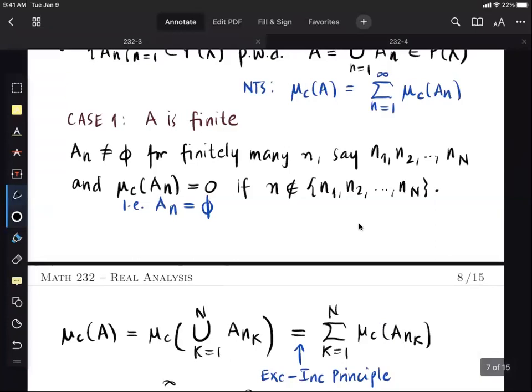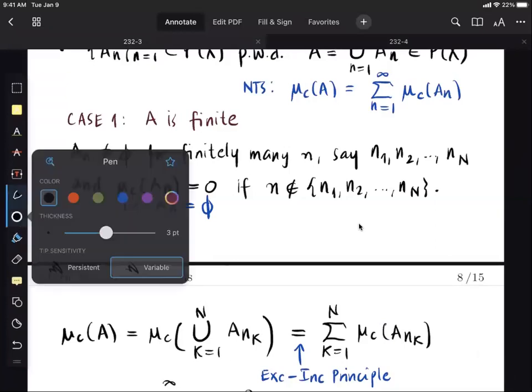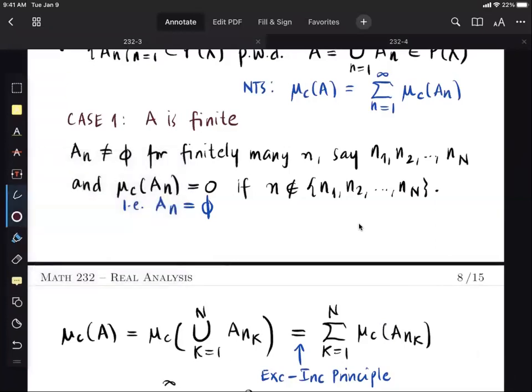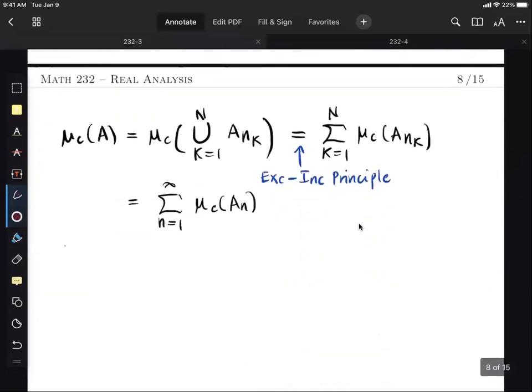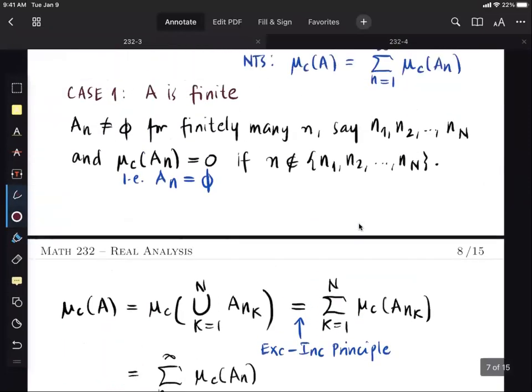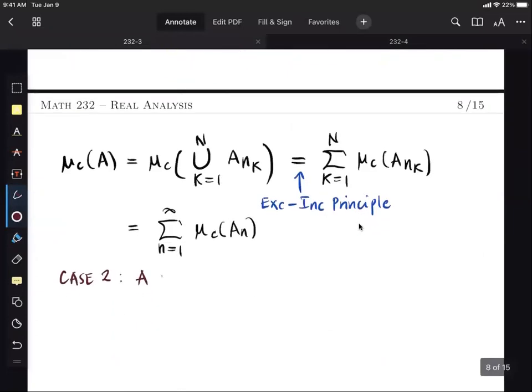Okay, so that is the case when the countable union is finite. So the other case is, what if this is not finite? Or what if it is infinite?